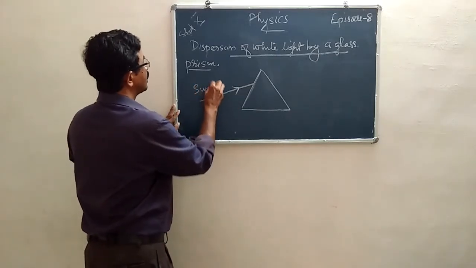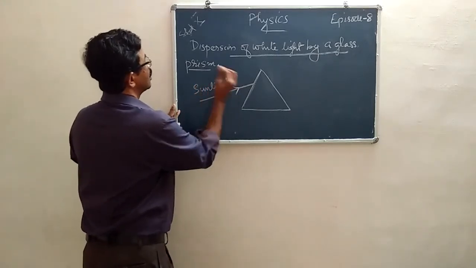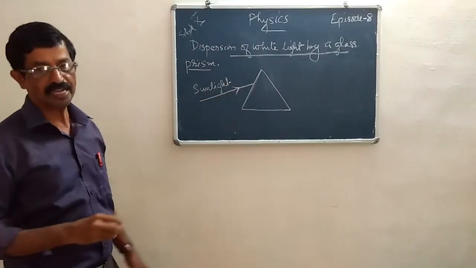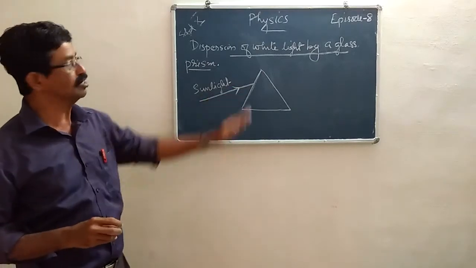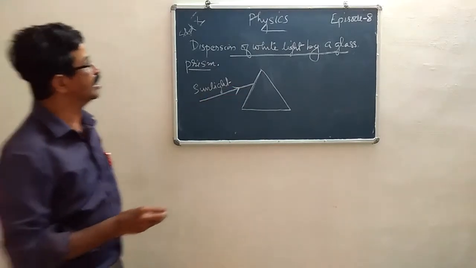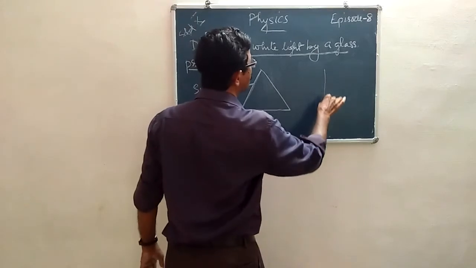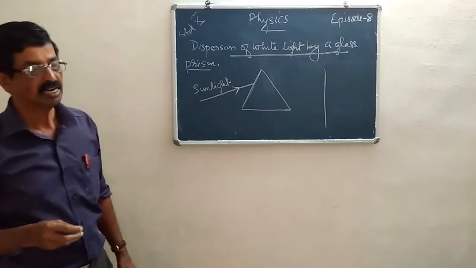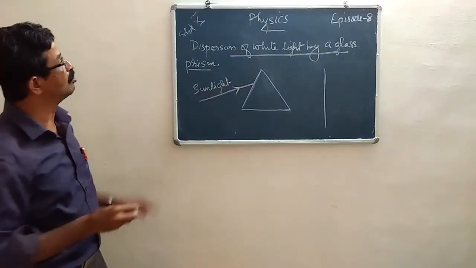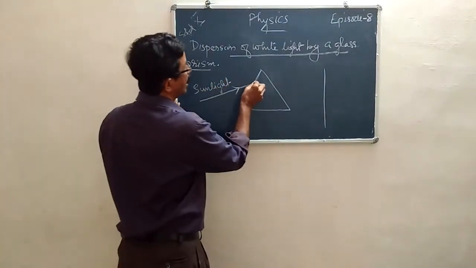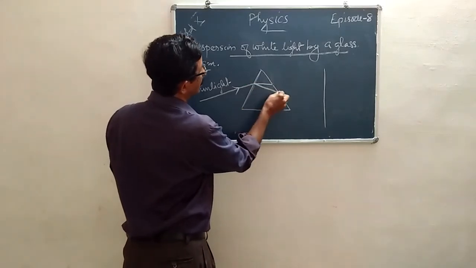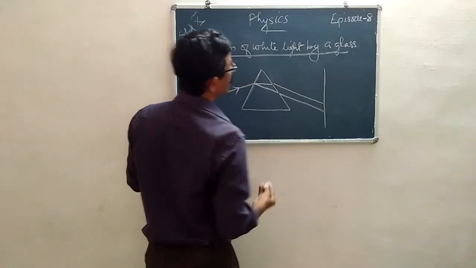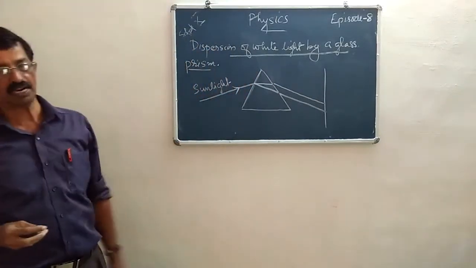If this is light from the sun, a narrow slit of light is allowed to be incident on this surface, and arrange a screen, or arrange the light from the prism on a white wall or a screen. Now you get a band of color on the screen or the white wall.